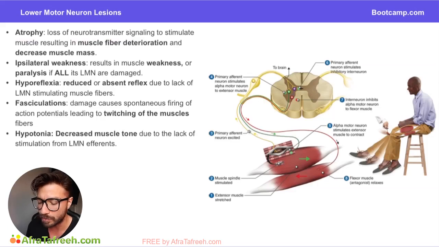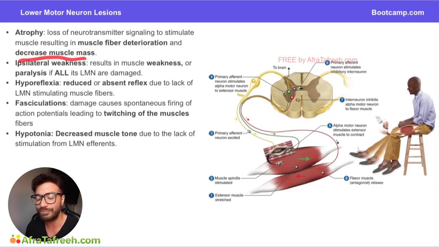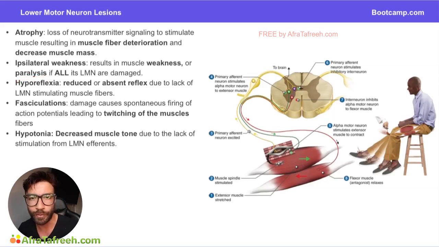This is going to cause those muscle fibers to deteriorate over time, and this is going to decrease the muscle mass for which that lower motor neuron was stimulating. So no more stimulation, no more activation causes atrophy. It's also going to cause ipsilateral weakness if some of the lower motor neuron is damaged, and complete paralysis if all of that lower motor neuron is damaged.